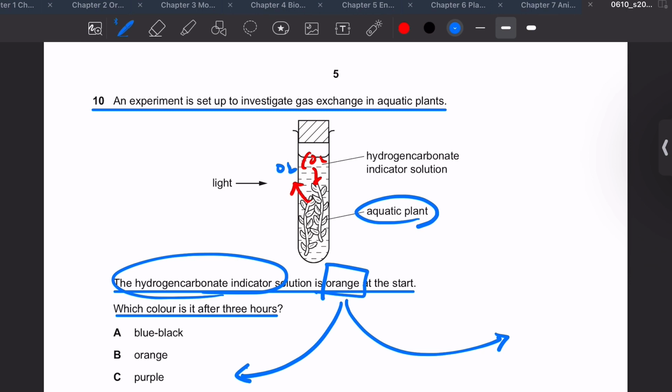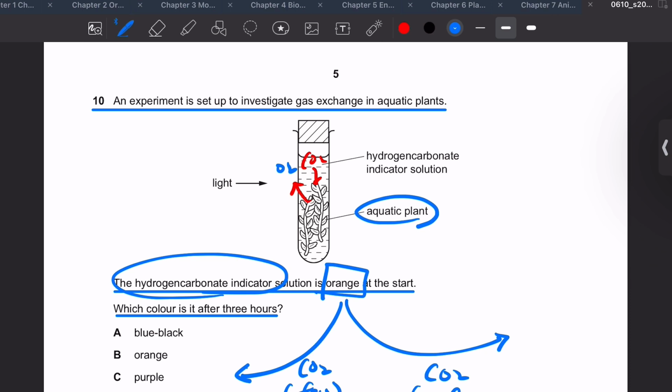If there's a lot of CO2, let's say a lot. There's like a few molecules, CO2 molecules. If there's less CO2, it's going to change the color to close to purple.